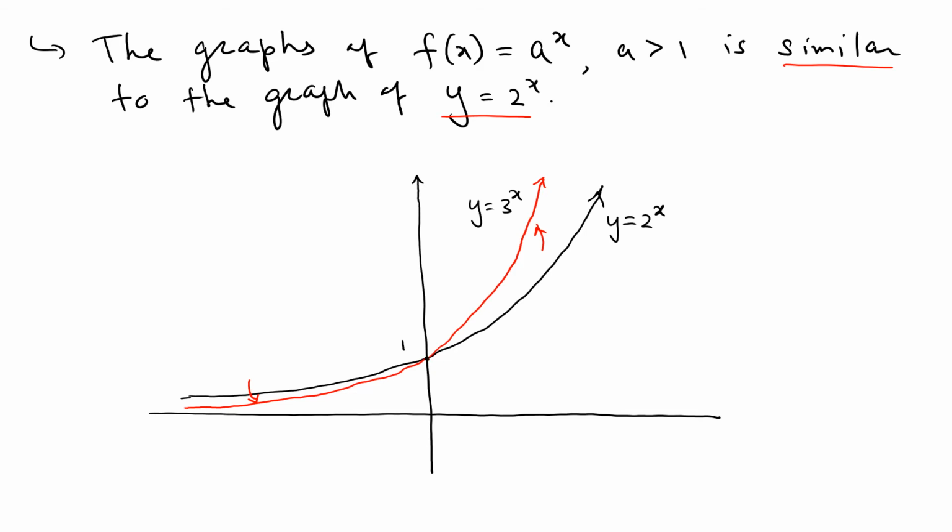So now what is the graph of y = 1.5^x? You can see that when a is large, you get higher values on the right side, and when a is small, for example 1.5, you get smaller values. And on the left side it's completely opposite.